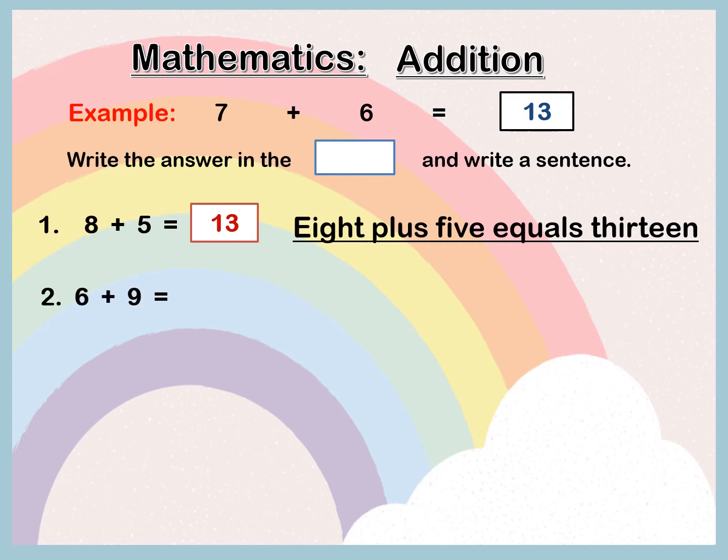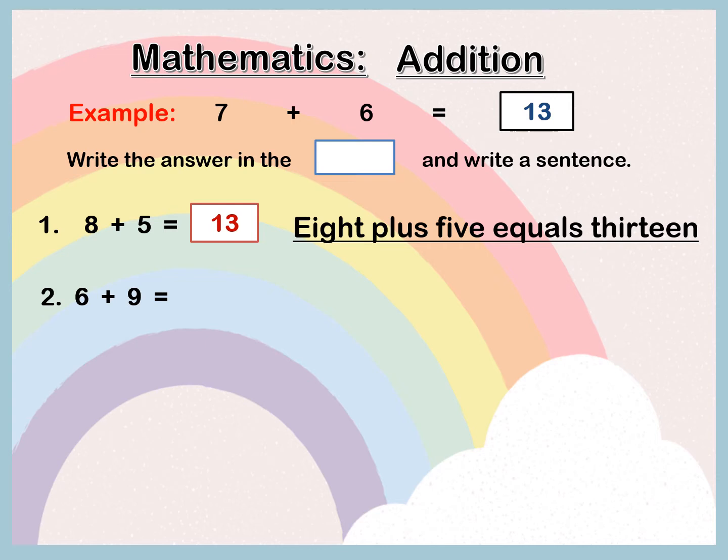Number 2, we have 6 plus 9 equals. So what are we going to do here? So we've got two digits here. We have 6 and 9. So we are going to add this up. So using your finger, add 9 to number 6. 6 plus 9 equals, I'm going to give you 10 seconds to answer this question.